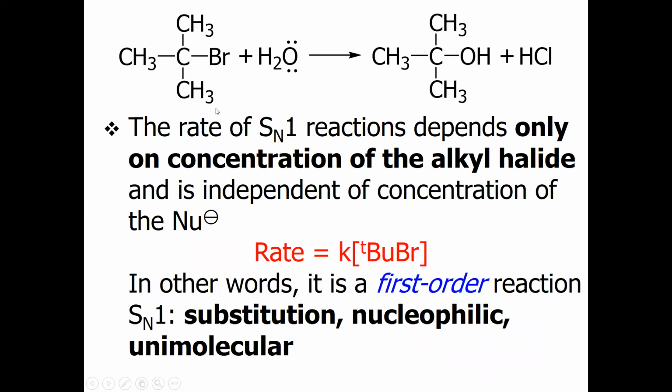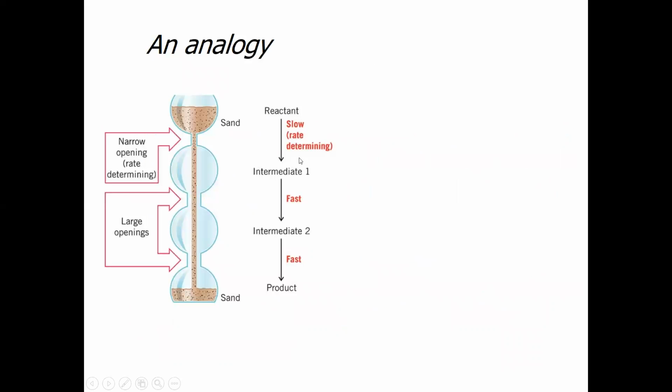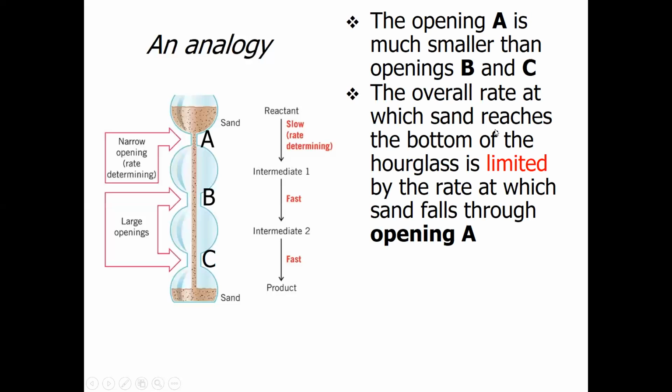Now, in other words, the SN1 reaction is a type of first order reaction. That's why it is also known as the nucleophilic substitution unimolecular reaction. Now here I mentioned why we call it the rate determining step. This is basically an analogy. This is a sand clock. You can see here this is the sand, and this narrow opening is basically the rate limiting part. Let's see the explanation.